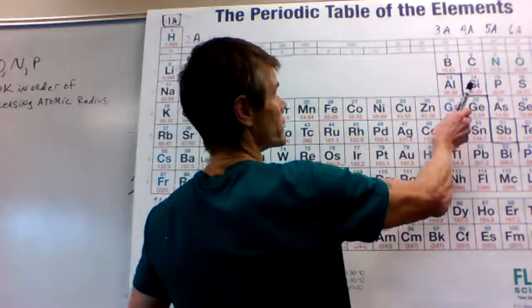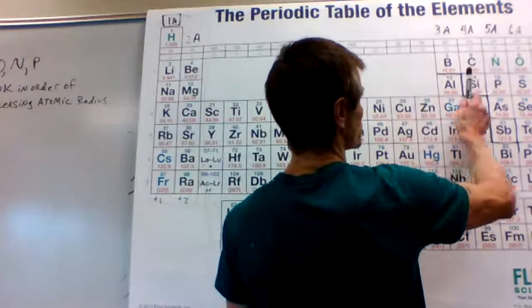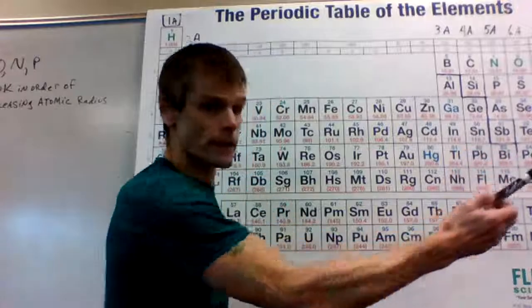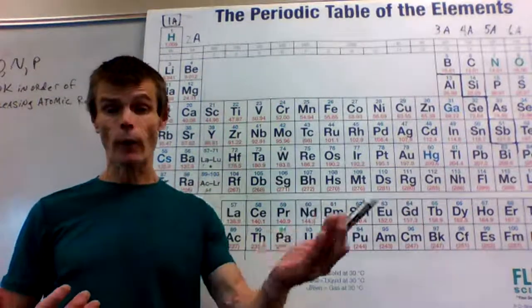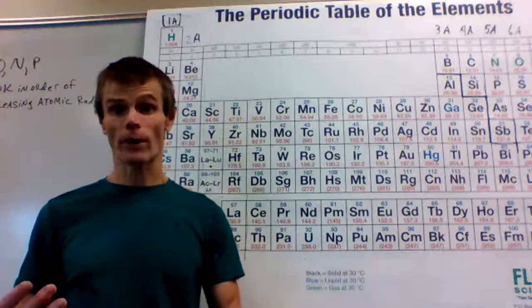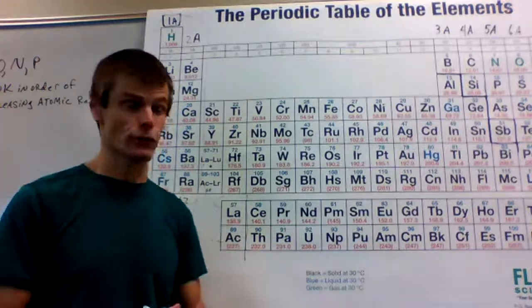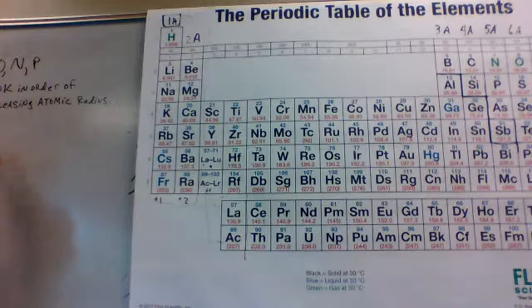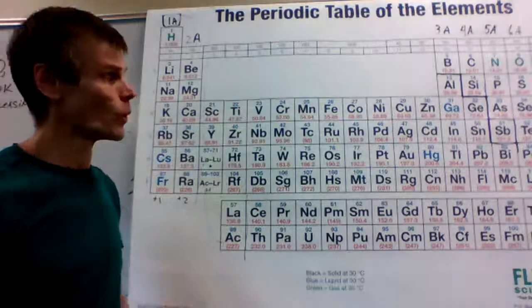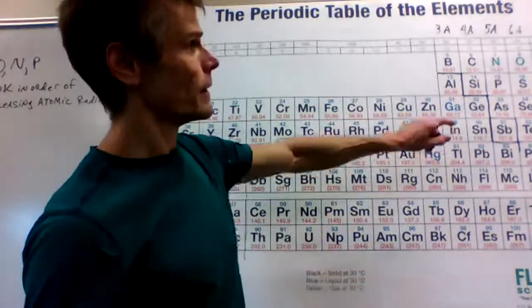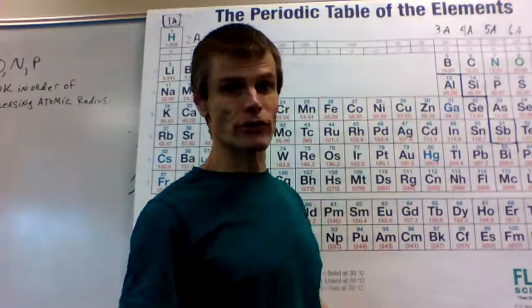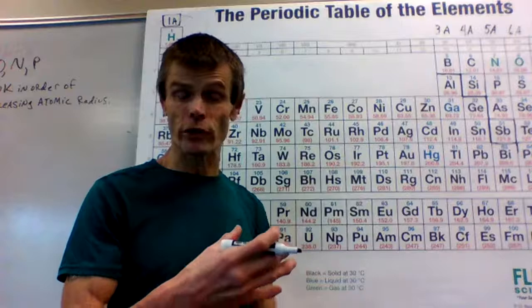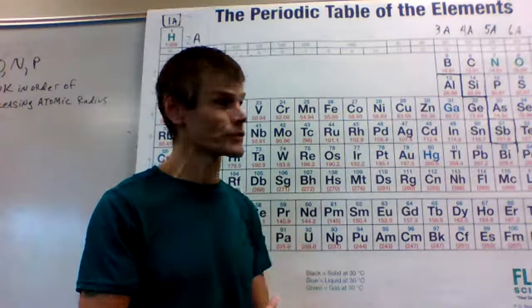Notice they both sit in period 2, nitrogen with oxygen sitting to the right of it. So we can make a decision about how we would expect their atomic radius to be when we compare the two. Now, we're going to use our left to right rule. We would expect nitrogen, since it's sitting to the left of oxygen, to be larger in terms of its atomic radius.